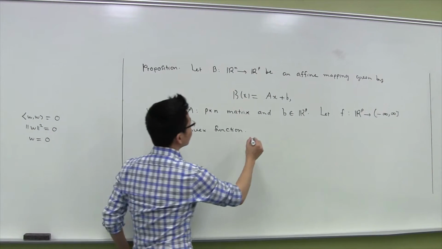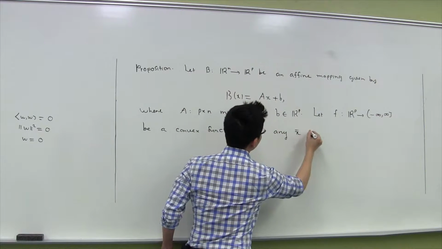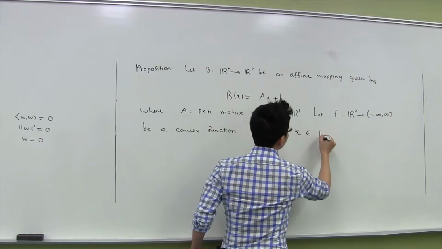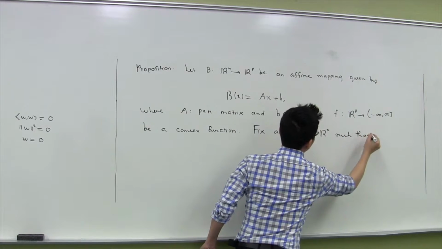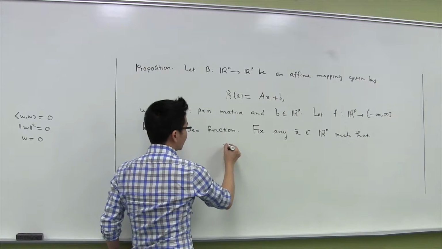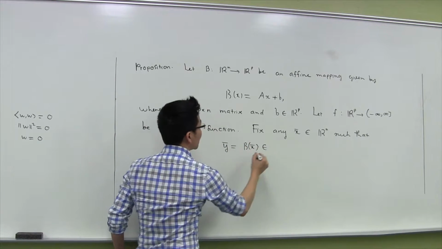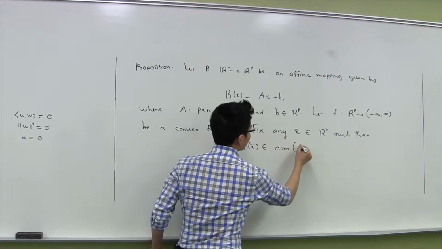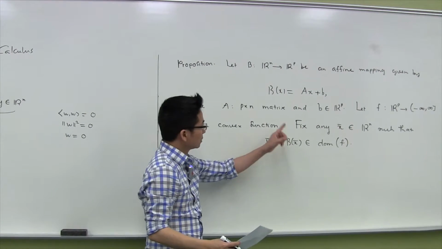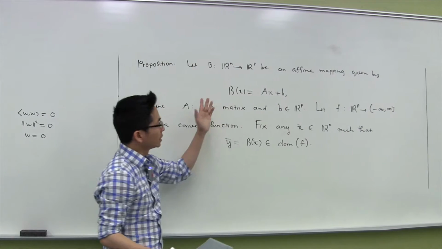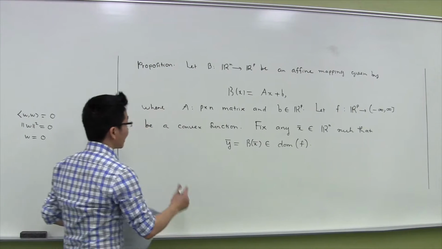We fix any x bar in Rn such that the element y bar, which is B of x bar, belongs to the domain of the function f. Okay, with this assumption, x bar belongs to the domain of the composition of f and B. Okay, and then we have the following.